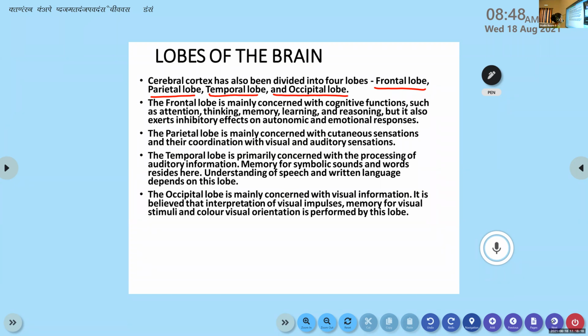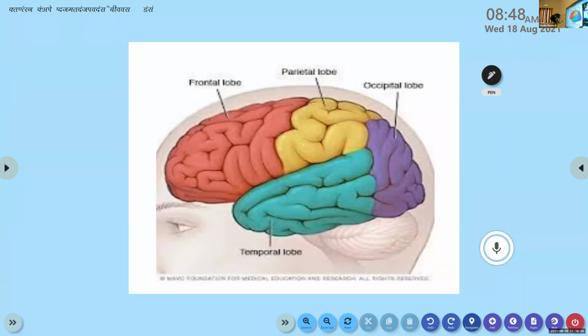See, these are the 4 lobes: the frontal lobe, the parietal lobe, the occipital lobe, which is present on the back side of the head, and the temporal lobe on 2 sides, just nearby our ears. Don't confuse the spelling of occipital: OCCIPITAL, occipital.